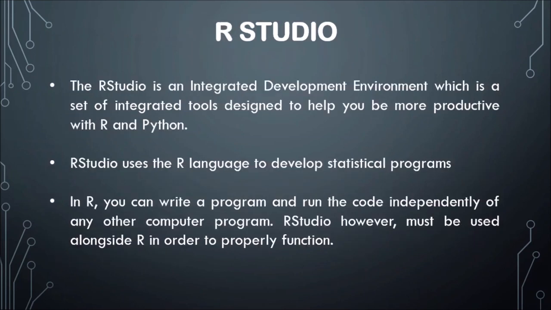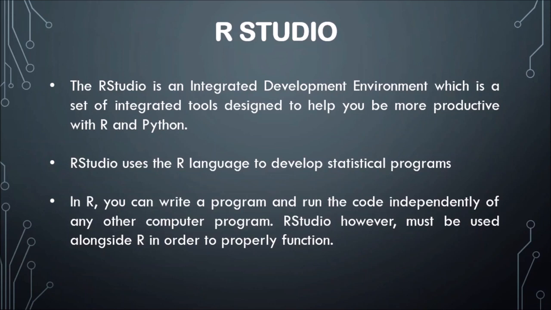Now what is R Studio? R Studio is an integrated development environment, which is a set of integrated tools designed to help you be more productive with R and Python. It uses the R language to develop statistical programs. So basically it is based on R. In R, you can write a program and run the code independently of any other computer program.